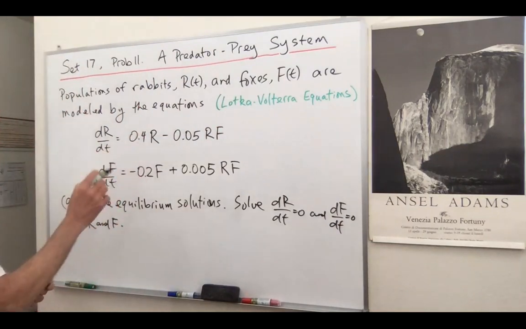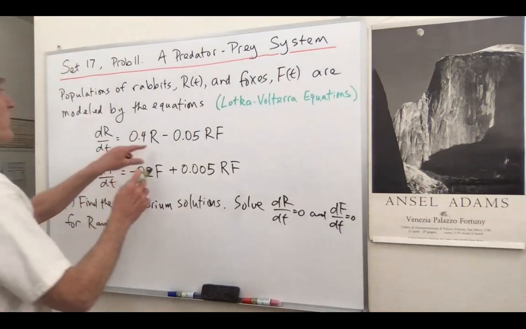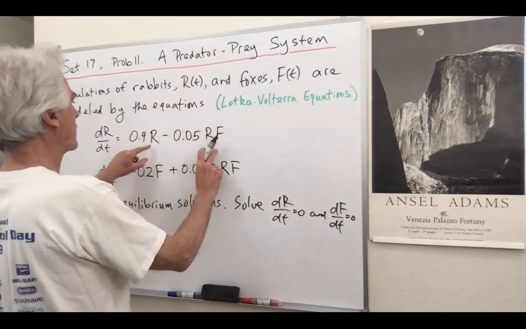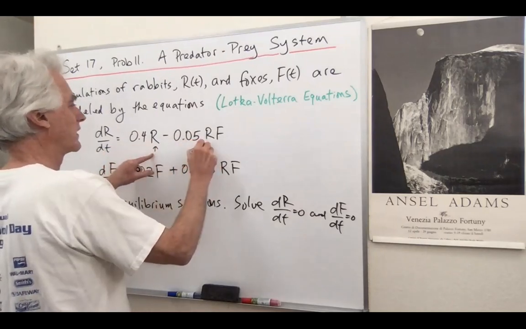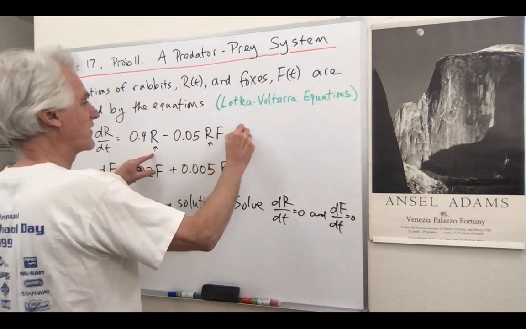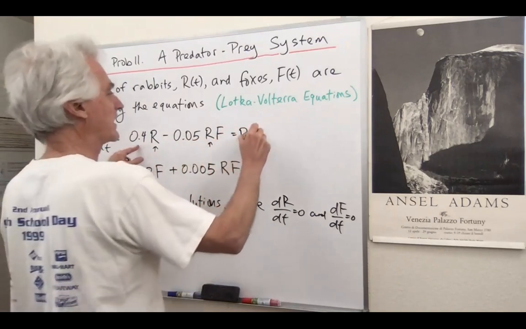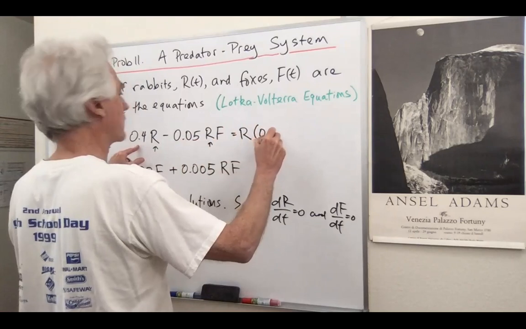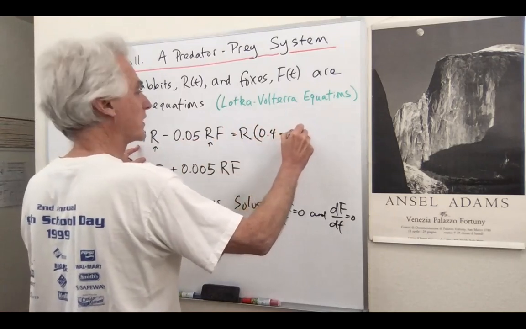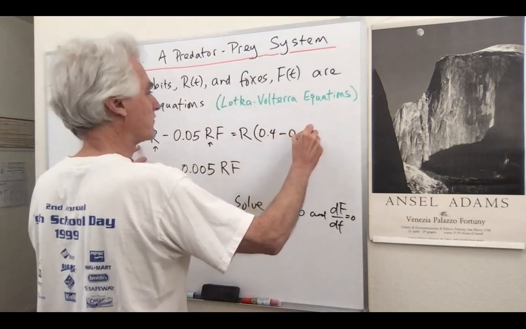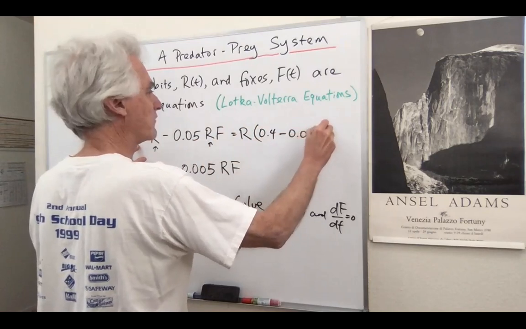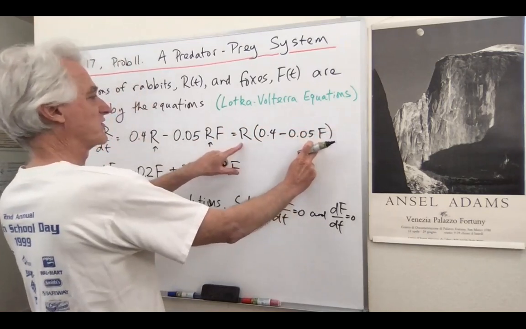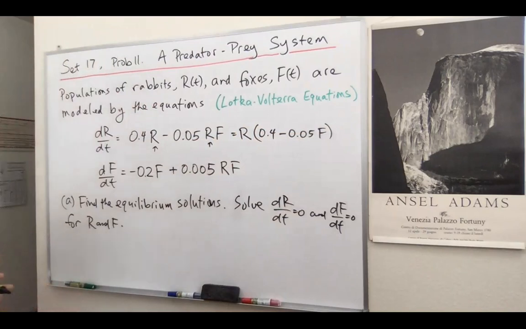All right, to aid that, let me first factor these equations. There's an r in both of these. So I factor out the r, and I get 0.4 minus 0.05f, right? We get the r times the f when I distribute.